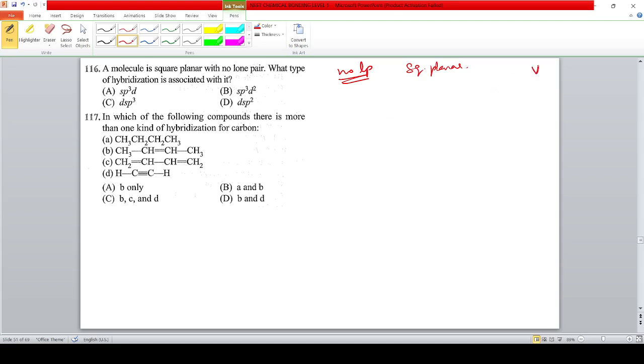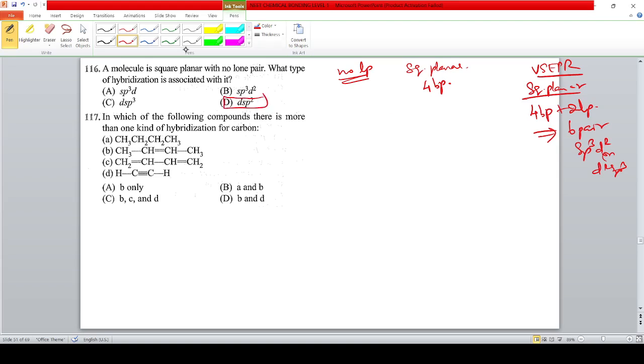Because according to VSEPR theory, square planar structure is held by 4 bond pair and 2 lone pair. That means in total 6 pairs should be there, that is sp3d2 or d2sp3. Whereas here there are no lone pair, means only 4 bond pairs. Only 4 bond pair means it should be a dsp2 hybridized orbital. Very good.